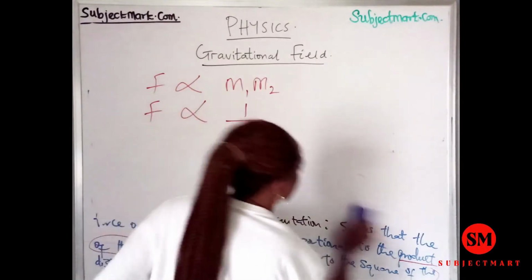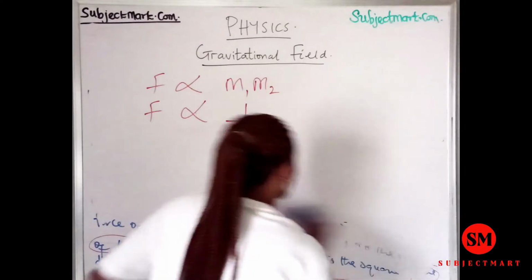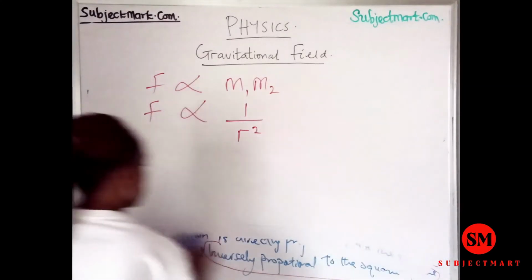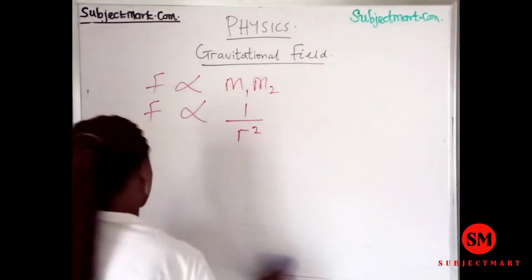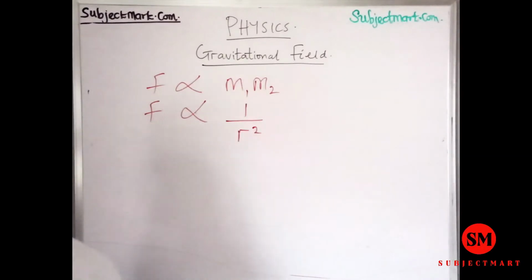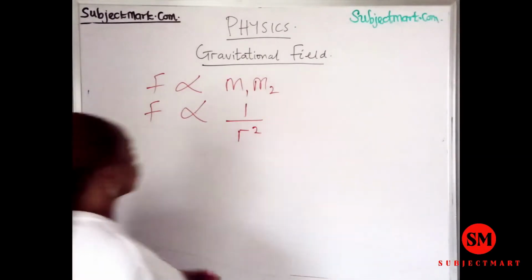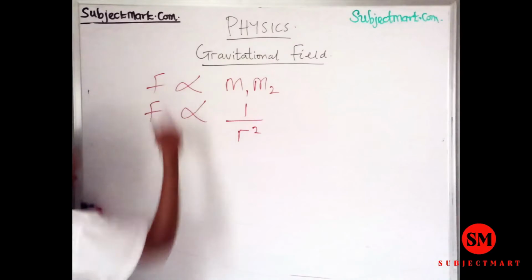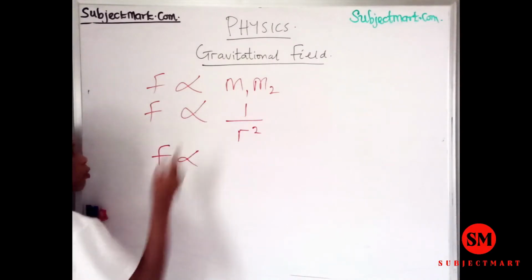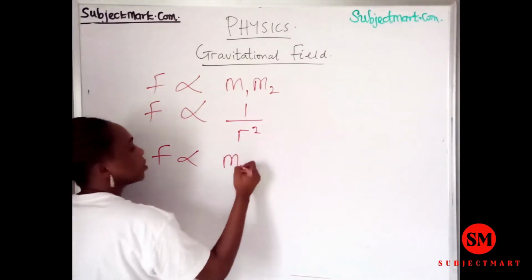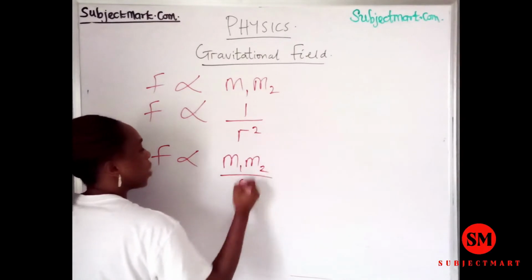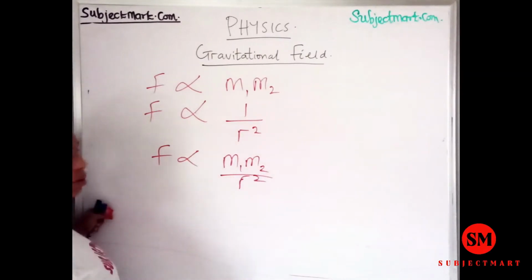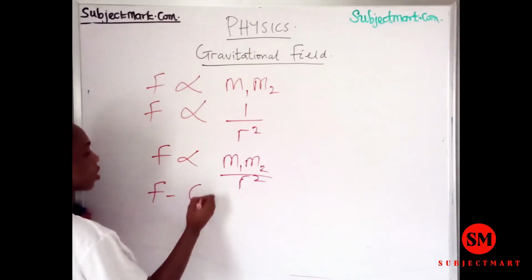This is a mathematical representation of Newton's universal law of gravitation. If I combine this, I can write it as F is directly proportional to M1 M2 over r squared. To remove this proportionality sign, I'm just going to introduce a constant.